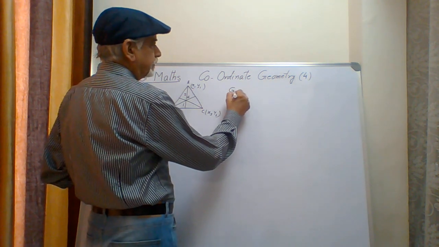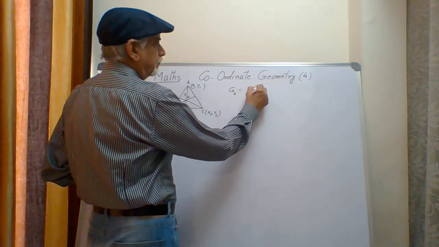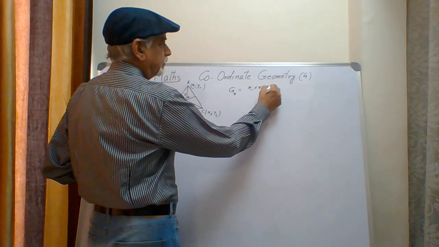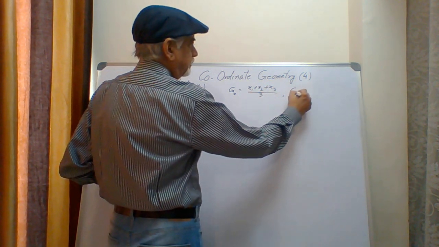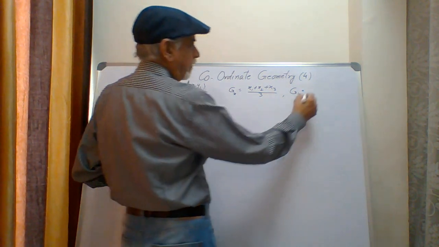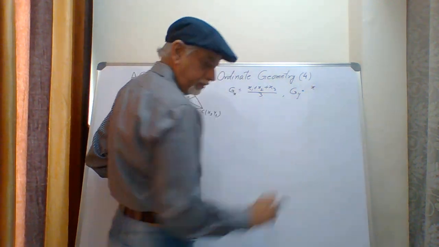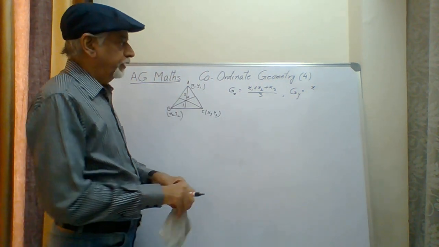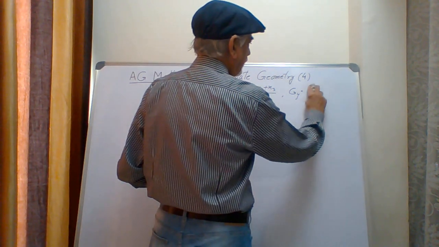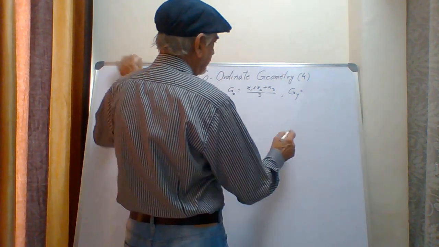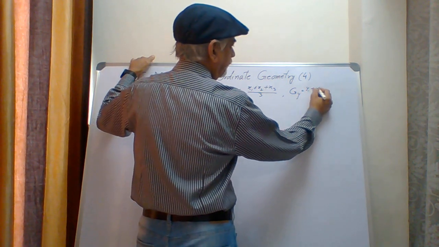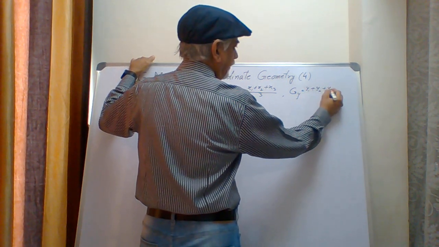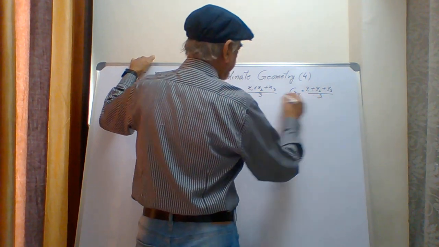We found it as x1 plus x2 plus x3 over 3, and the y coordinate of G was found as y1 plus y2 plus y3 over 3.